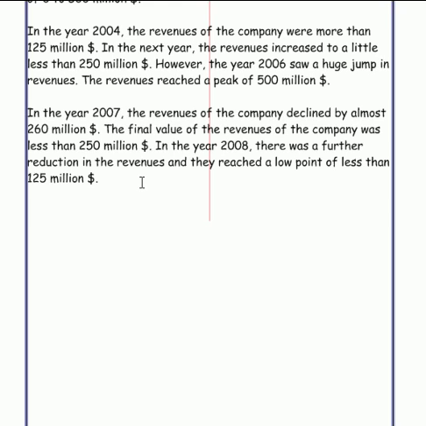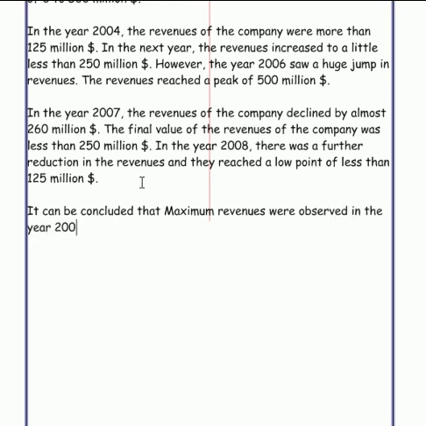For the conclusion, we can write: it can be concluded that maximum revenues were seen, or not, instead of seen we can use the word observed, in the year 2006.